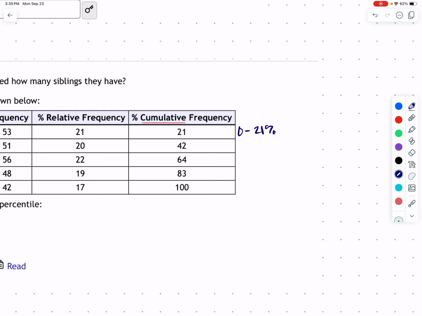The next one goes from 21% to 42%. The next one goes from 42% to 64%. And then I go from 64% to 83%. And the very last one covers 83 to 100% of the data.